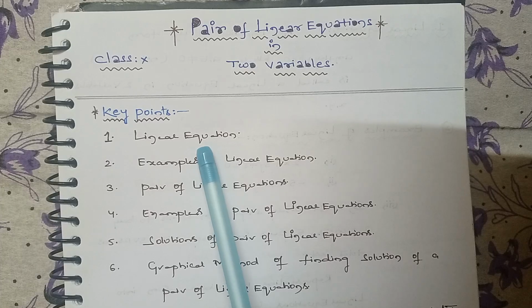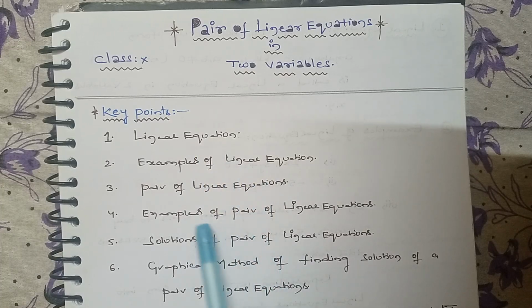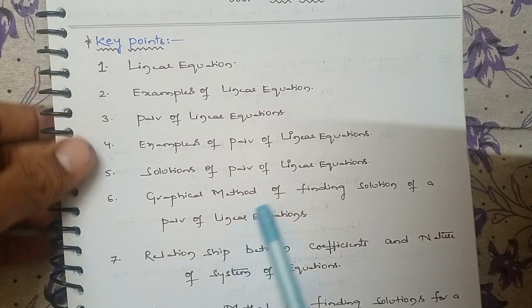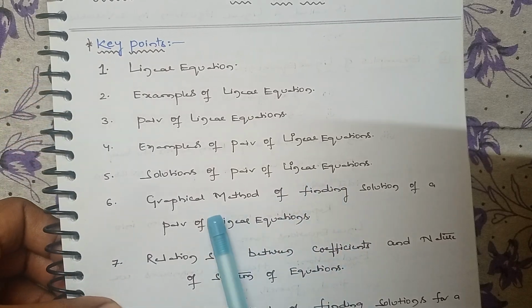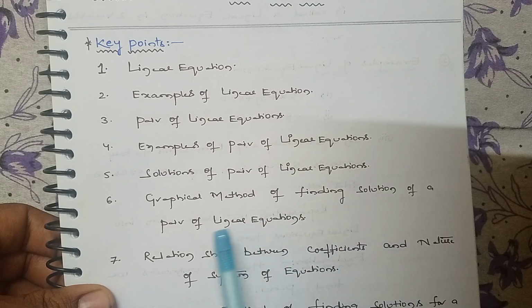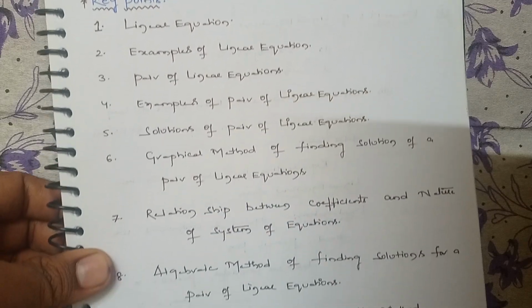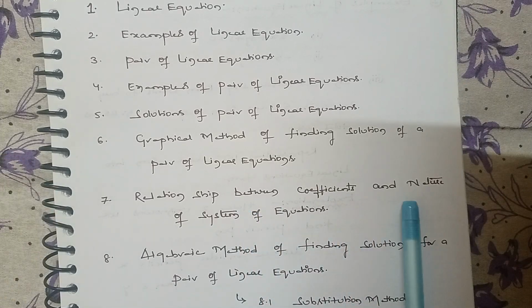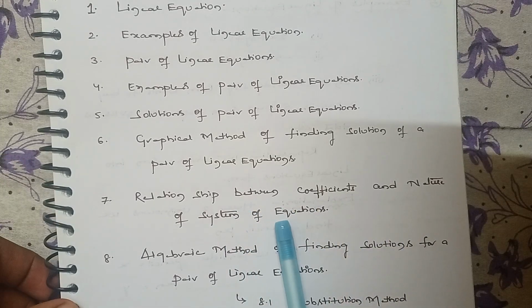Okay, now first one linear equation, second one examples of linear equation, third one pair of linear equations, examples of pair of linear equations, solutions of pair of linear equations, graphical method or graphical representation of finding solution of pair of linear equations, relationship between coefficients and nature of system of equations.